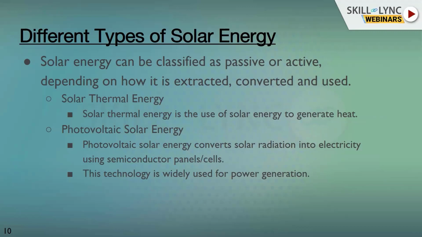Nowadays these are called PV cells or PV modules, that is, photovoltaic modules. There are different types of modules, and this technology is widely used for power generation. Like we are having in India now by 2021.